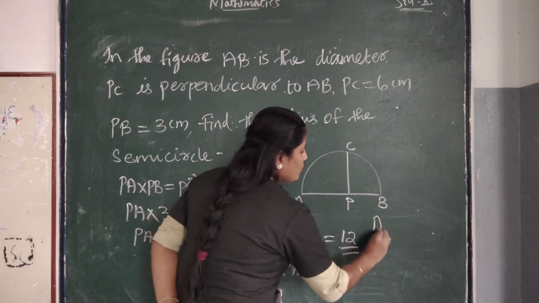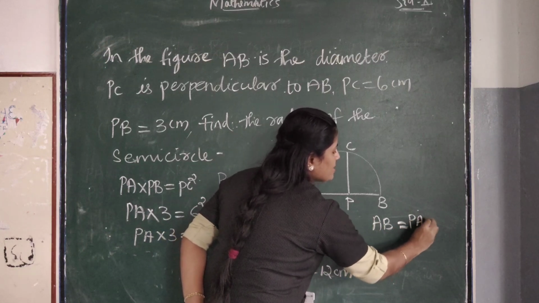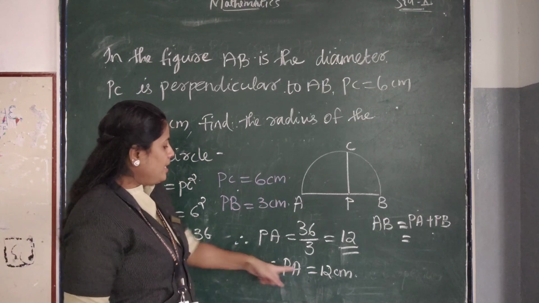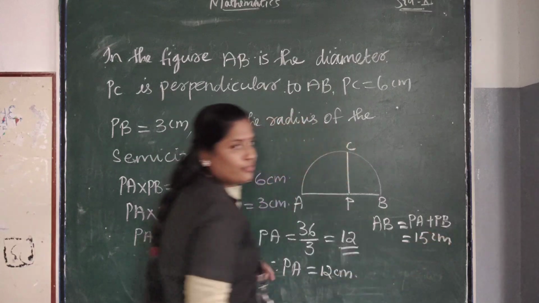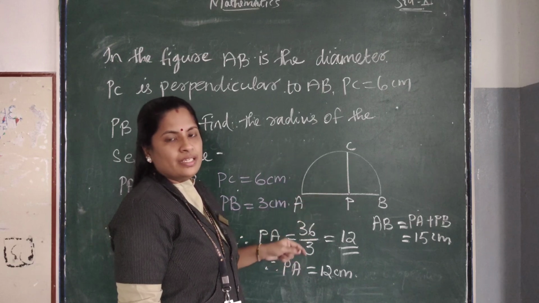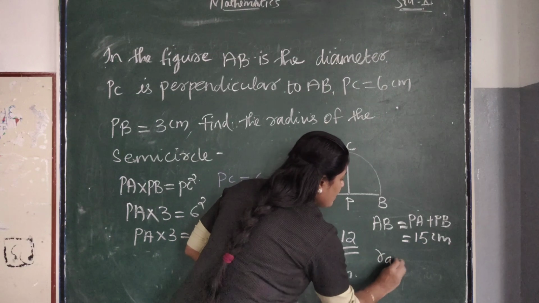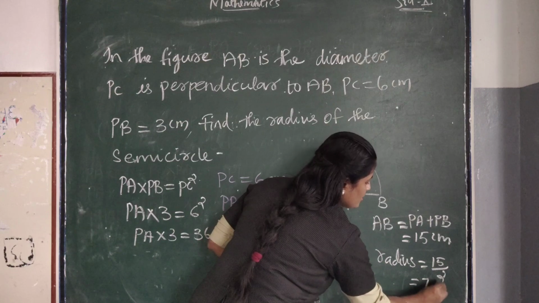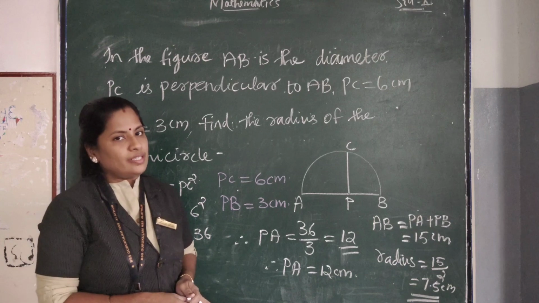Then AB equal to PA plus PB. Okay, so PA equal to 12 and PB equal to 3. So total 15. AB equal to 15 centimeter. AB is the diameter of this semicircle, so radius will be half of this. Okay, so radius equal to 15 by 2, which is equal to 7.5 centimeter.